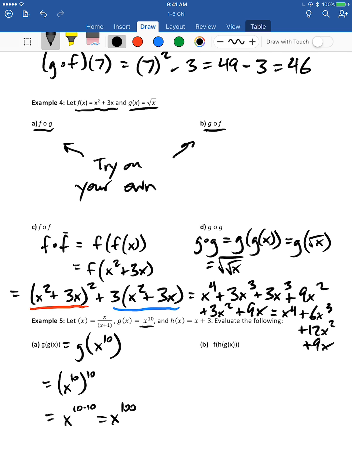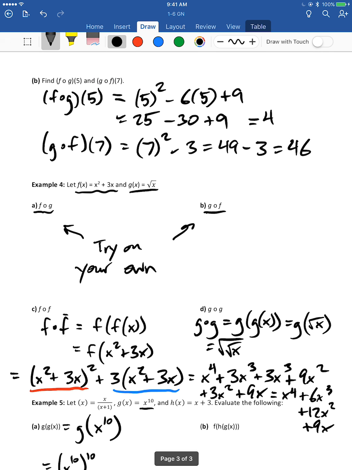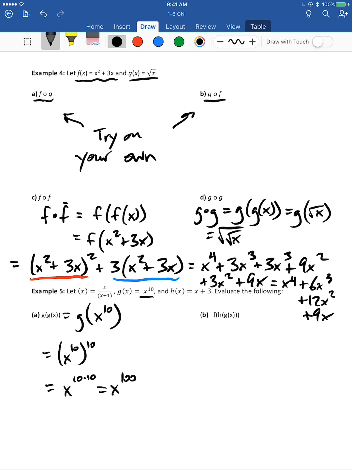One more. Here's that crazy 3-level composition that I warned you about earlier. We have f of h of g of x. So much fun. And I hope I don't sound sarcastic. I truly do think this is fun. We have g of x, we said, was x to the 10th.